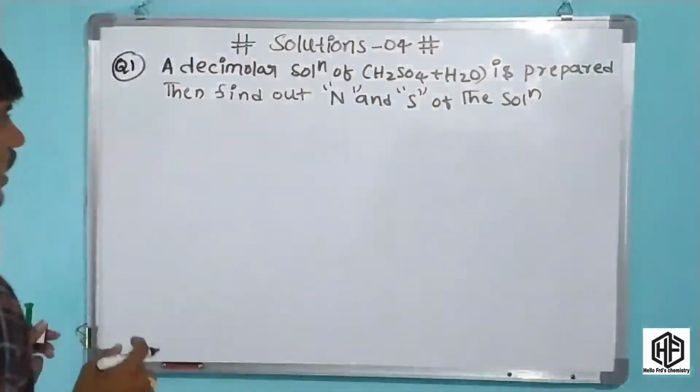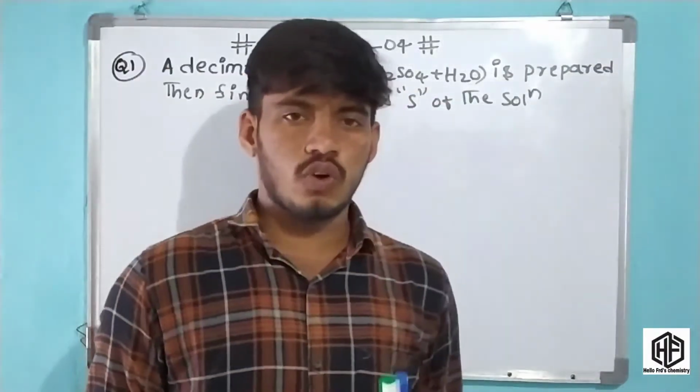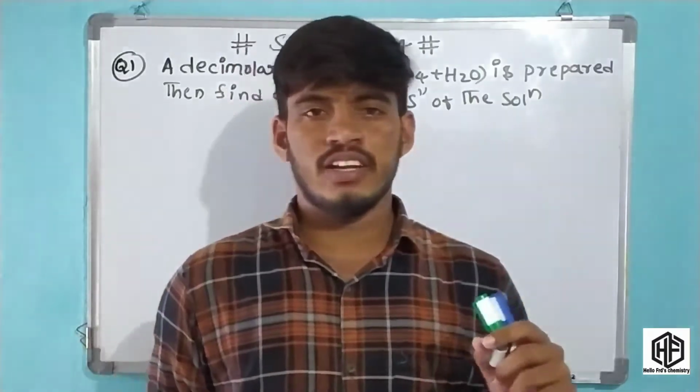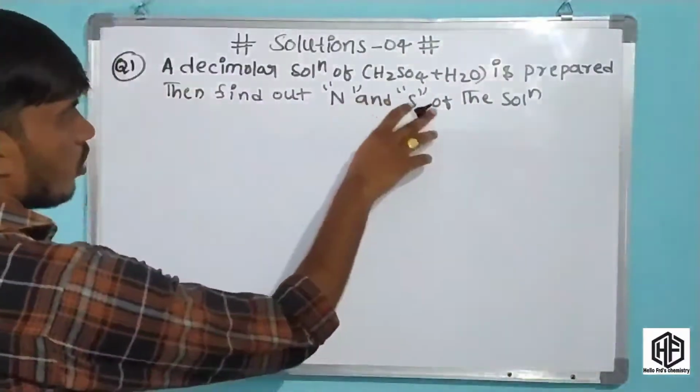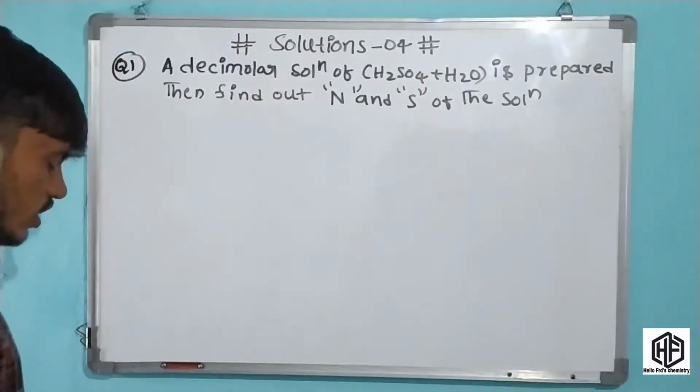Okay friends, this is the question. A decimolar solution of H2SO4 plus H2O is prepared, then find out normality and strength of the solution.